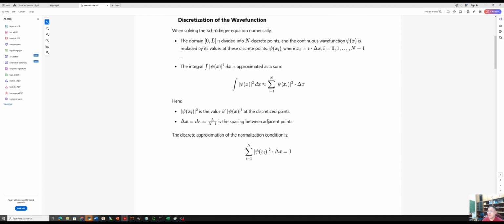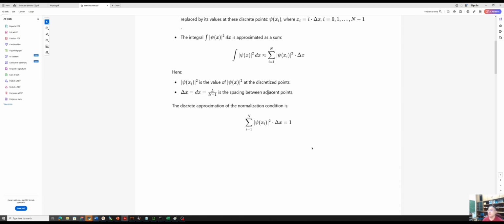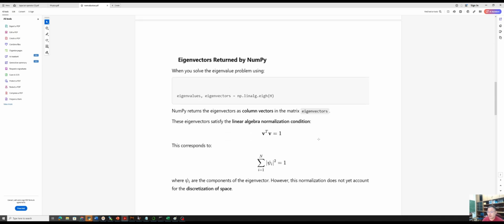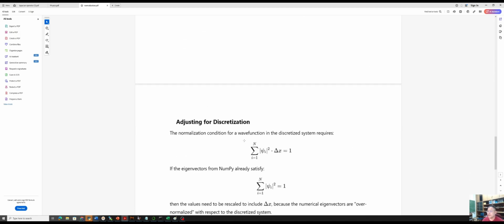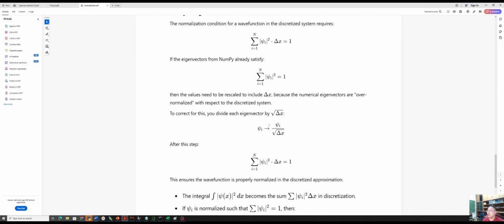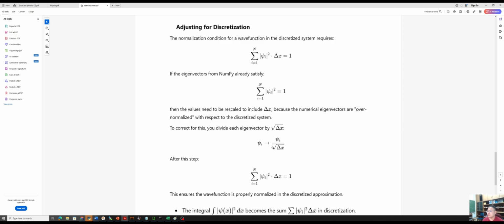However, in NumPy, when you calculate the eigenvalues and eigenvectors, it returns a normalized vector, but it does not yet account for the discretization of the space. So it is important to divide your answer by delta x.